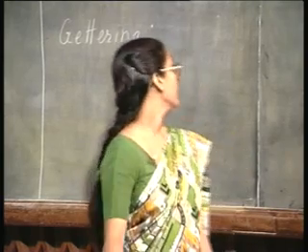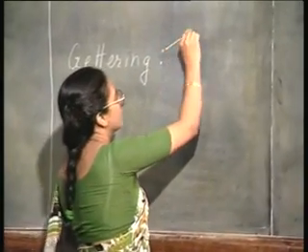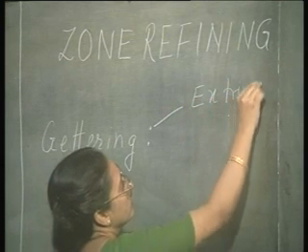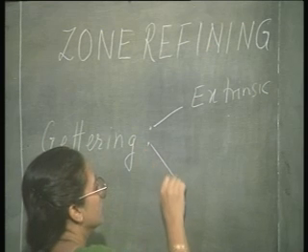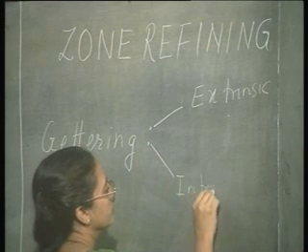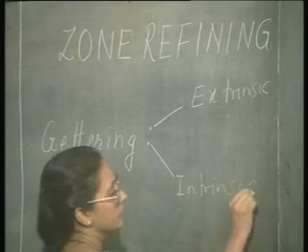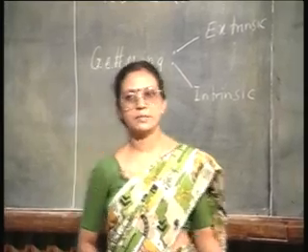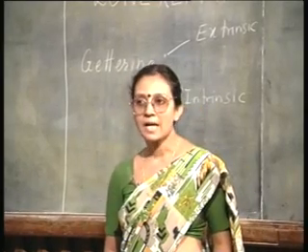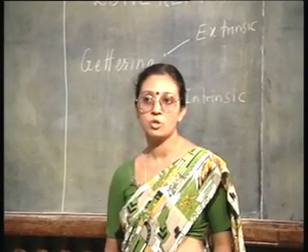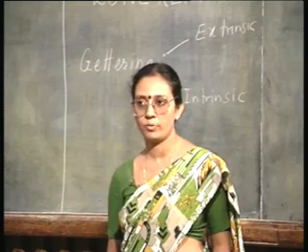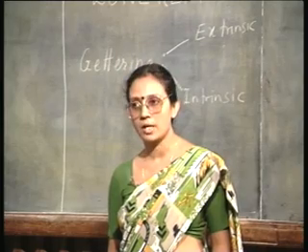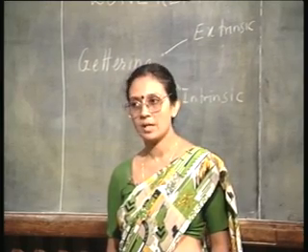This can be done by gettering, and the gettering can be extrinsic or intrinsic. By extrinsic gettering, what I mean is the back side of the wafer, the unpolished side of the wafer, is subjected to laser abrasion or electron irradiation. What will happen?